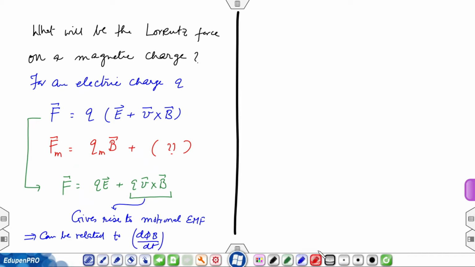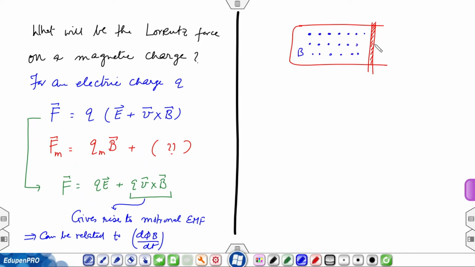So, the simplest circuit that I can think of is, if I have a circuit and a metallic bar on it, and suppose there is this B field coming out, this is B, and this bar is being pulled with speed v.